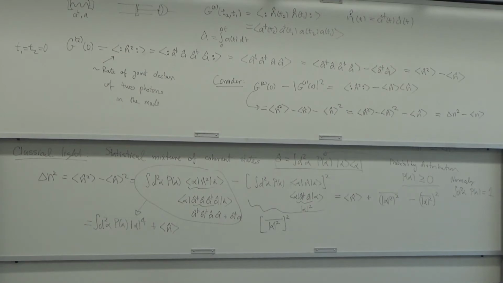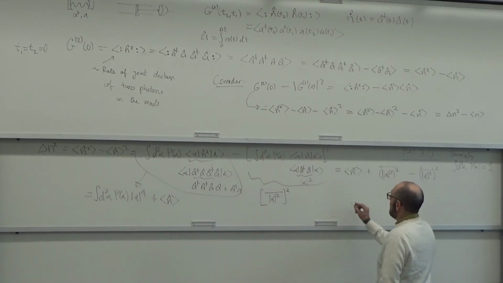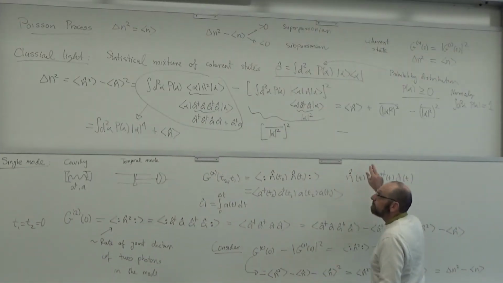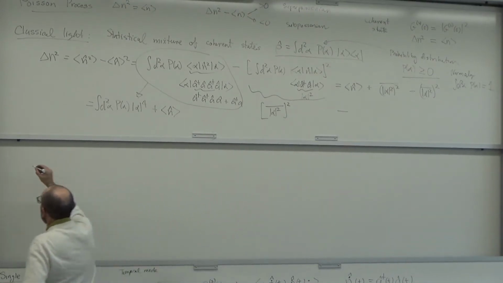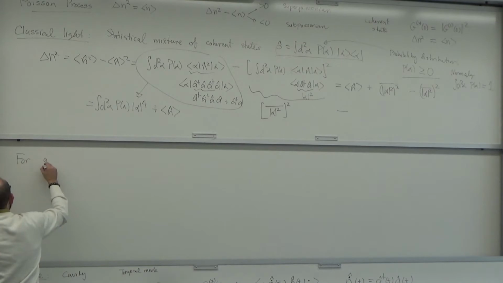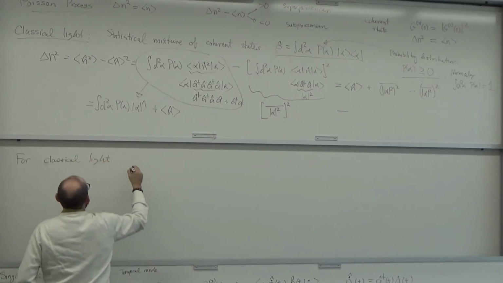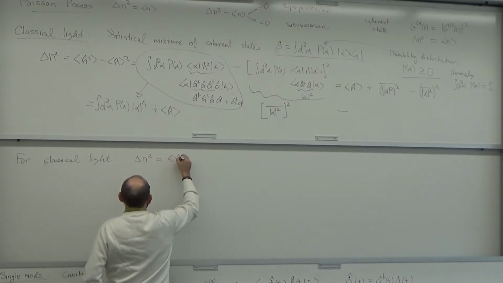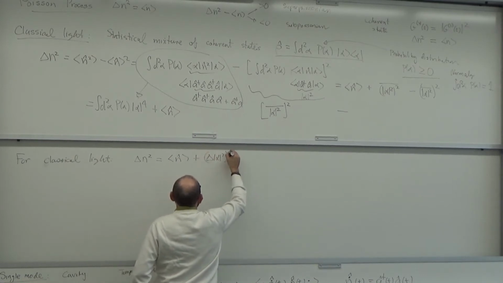So what we see is that for classical light, the fluctuation in photon number is equal to the mean photon number plus the fluctuation, the variance, in the intensity.